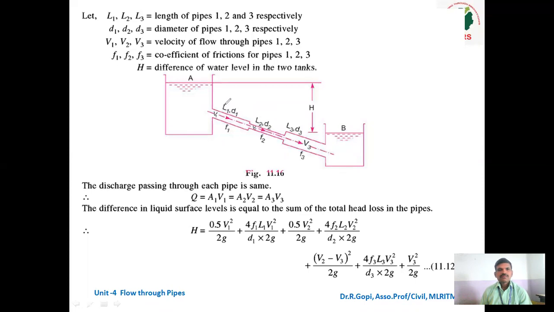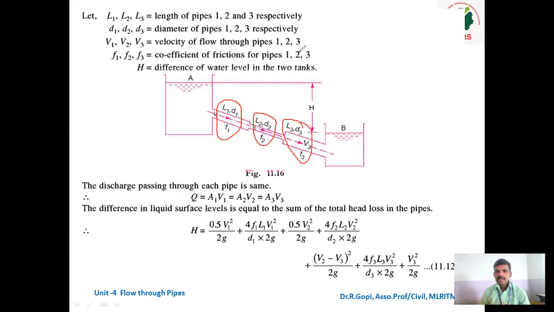The first pipe has length L1, diameter D1 and coefficient of friction F1. The second pipe has L2, D2, F2, and the third pipe has L3, D3, F3. Let L1, L2, L3 be the lengths of pipes 1, 2, 3 respectively, D1, D2, D3 the diameters, and V1, V2, V3 the velocities of flow through the pipes.